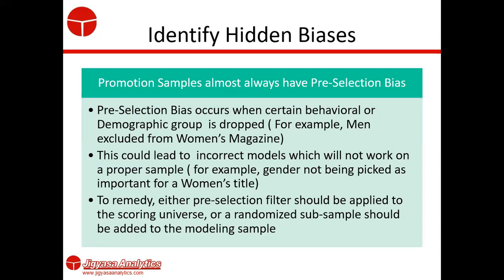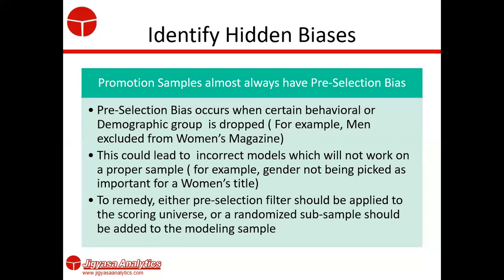Now, the model learns from the data presented to it. So when you're building a model for women's magazines, and you only have women in there, you've excluded all the men from your promotion, rightly so. What happens then is that in the data there are only women. The model learns from what is presented to it.